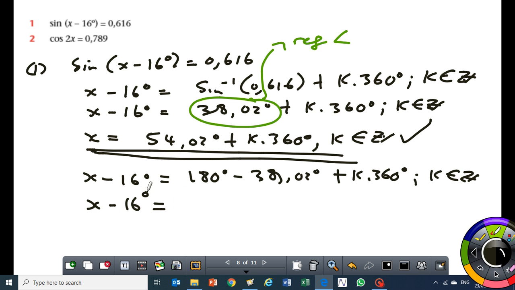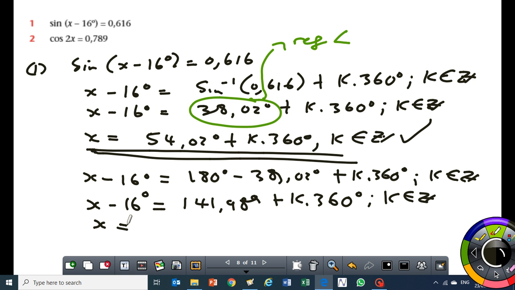If you simplify, what is 180 minus that? 141.98 degrees plus k times 360, where k is an element of integers. Then you take this minus 16 to the right, you get x equal to 157.98 degrees plus k times 360 degrees, where k is an element of z.